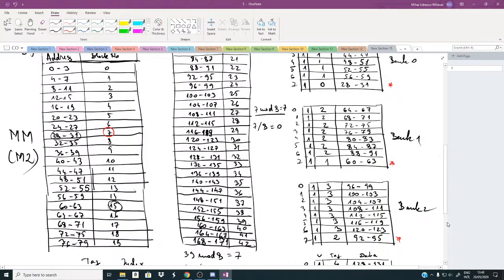Who is going to be thrown out? Well, according to the locality principle, it's only reasonable to throw out the block that was the least recently used. And it is the case of this one. So this will be thrown out, and I'm going to bring here 156 through 159.